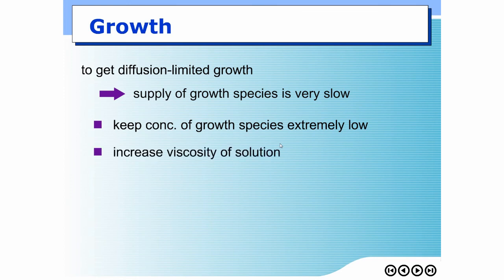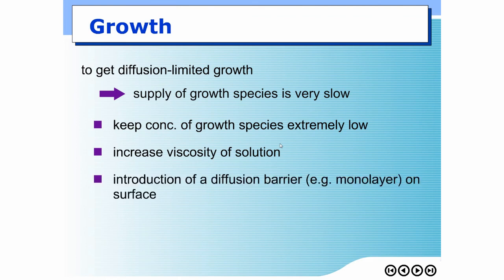We can also control diffusion by controlling the viscosity of the solution. The higher the viscosity, the slower the diffusion. Or we can somehow create a diffusion barrier on the surface of the nuclei. What is a diffusion barrier? If you remember in lecture 3, we talked about creating a bumper by using a polymer layer on the particles.